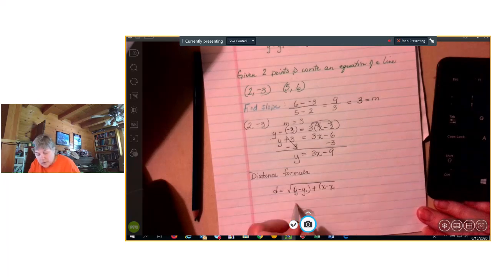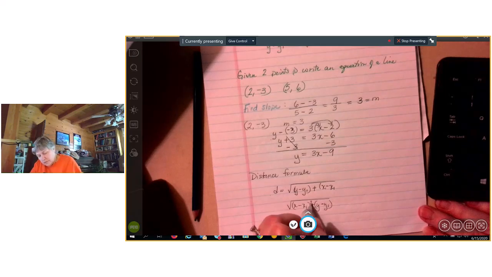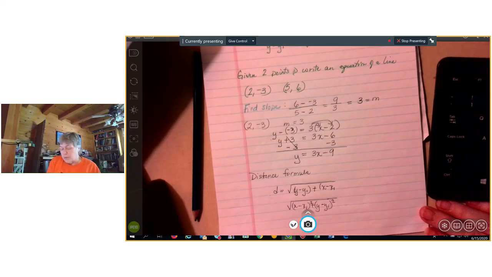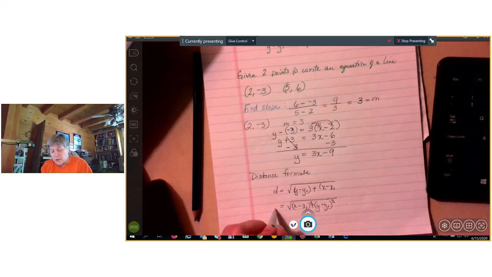The book does it as x minus x1 plus y minus y1, and these are squared. So the distance formula is pretty much like c squared equals a squared plus b squared, but you're actually just doing the difference here. You're squaring the difference in your x's plus the squared difference in your y's, and you're finding the square root of that.